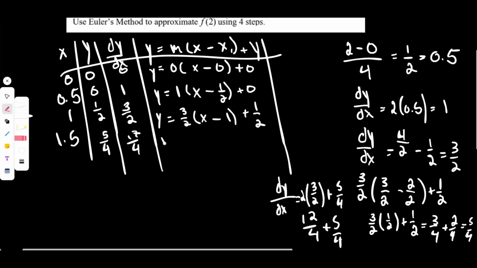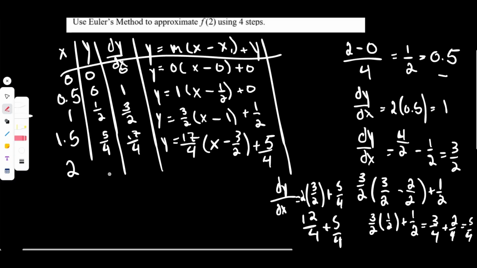And again, we're going to rewrite our tangent equation, which is going to be y is equal to 17 over 4, x minus 3 over 2 plus 5 over 4. Okay, again, we increment by 0.5 because that's what we calculated here.